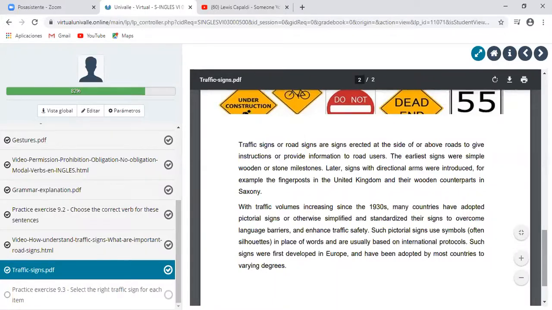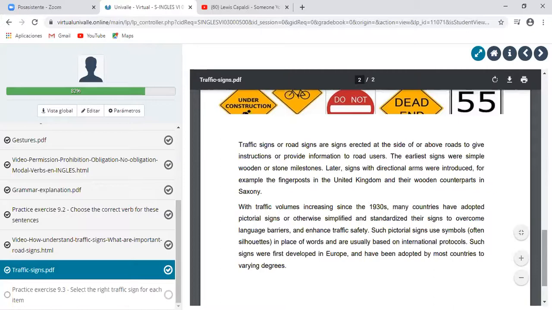The early signs were simple wooden or stone milestones. Later, signs with directional arms were introduced, for example, the fingerposts in the United Kingdom and their wooden counterparts in Saxony. With traffic volumes increasing since the 1930s, many countries have adopted pictorial signs or otherwise simplified and standardized their signs to overcome language barriers and enhance traffic safety.